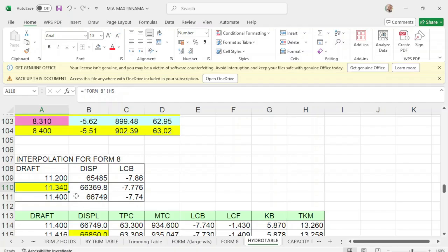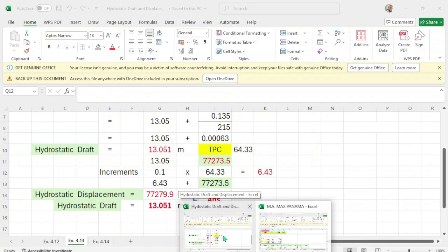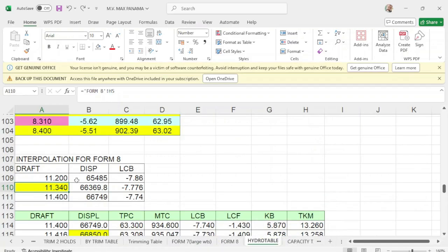And what will be the drop? Drop is 13.051.